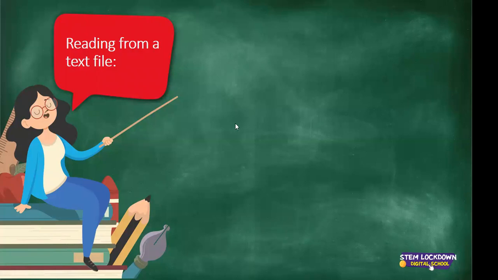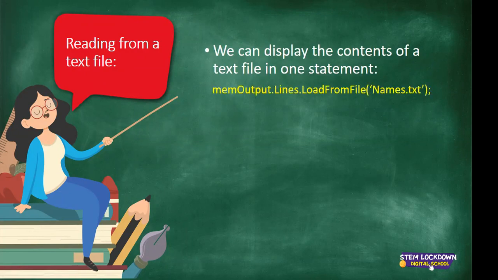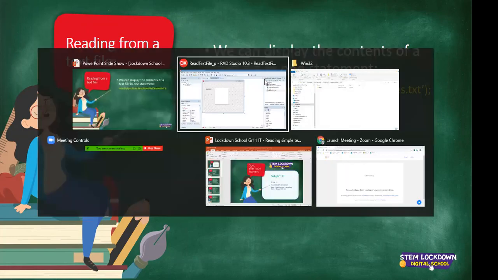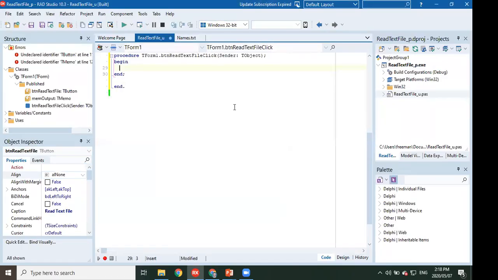All right, so step number one. We can display the contents of the text file in one statement. And what is that one statement? It says that we can do memOutput.Lines.LoadFromFile, and then you give the file name. So let's see if that works. I'm going to create my event.